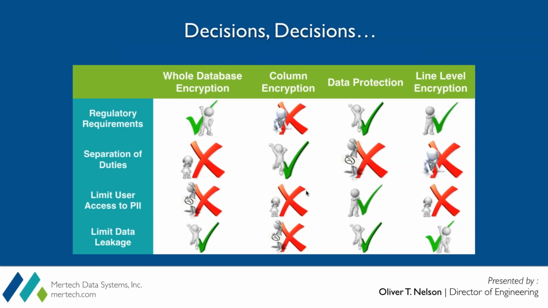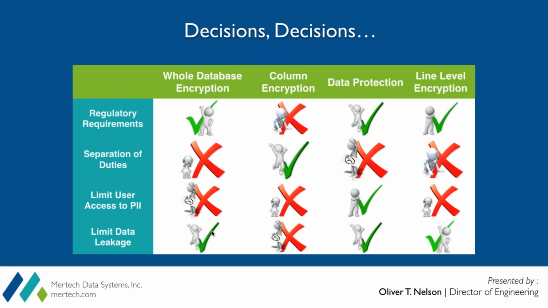If you have the need to limit user access to personally identifiable information, data protection is a good choice. Whole database encryption can also be good there. And if you're looking at limiting data leakage, these are also your choices.